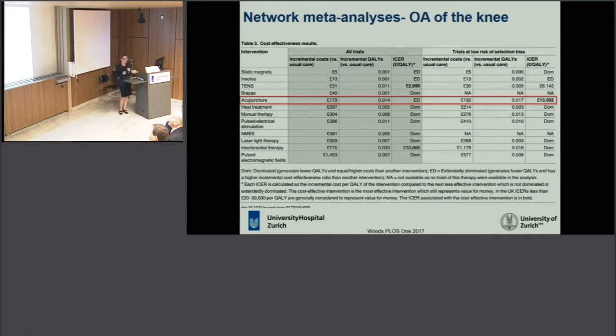A more complicated analysis, a network meta-analysis, which also included a cost side, also done by Hugh MacPherson and his group. We see for osteoarthritis of the knee in the UK, compared to a lot of other non-pharmacological treatments, at the end of the better trials with less selection bias, they end up with 13,000 British pounds for an extra year of perfect quality of life.